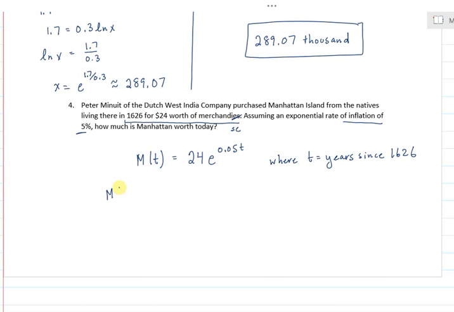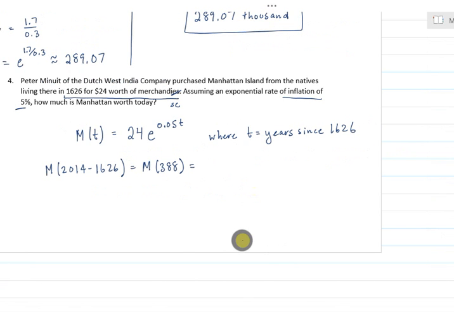So my value today is for 2014 minus 1626, which is 388. So that's going to be equal to 24e to the 0.05 times 388, which is going to be approximately $6 billion if you type that in your calculator.